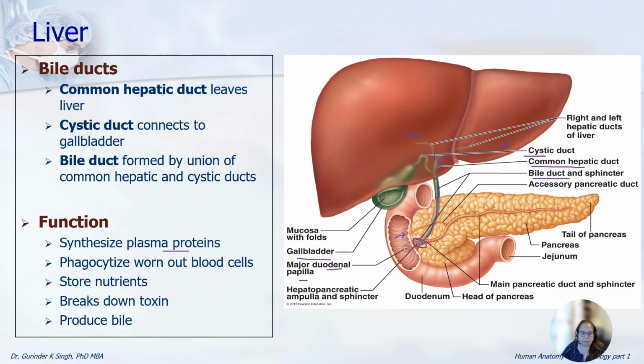It also phagocytizes worn out RBCs, stores nutrients, and does gluconeogenesis, glycogenesis, etc. It also breaks down toxins and produces the bile. The bile helps us to digest the fats.